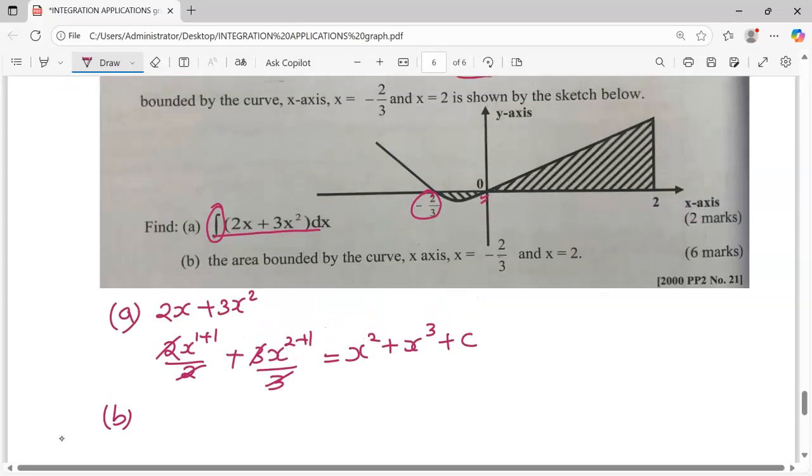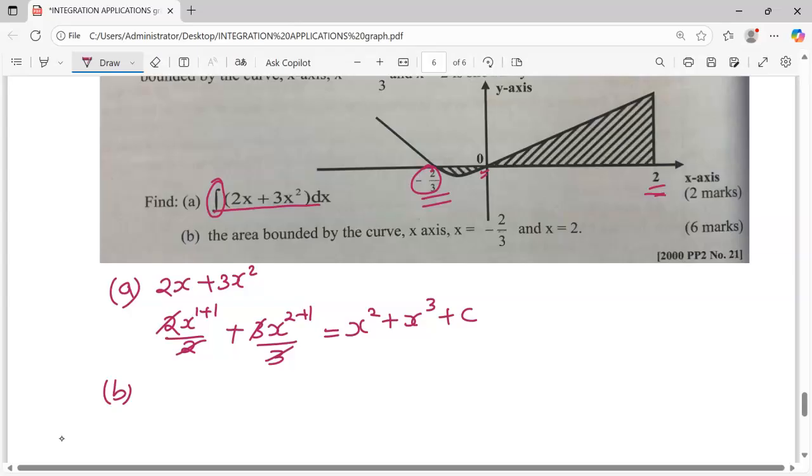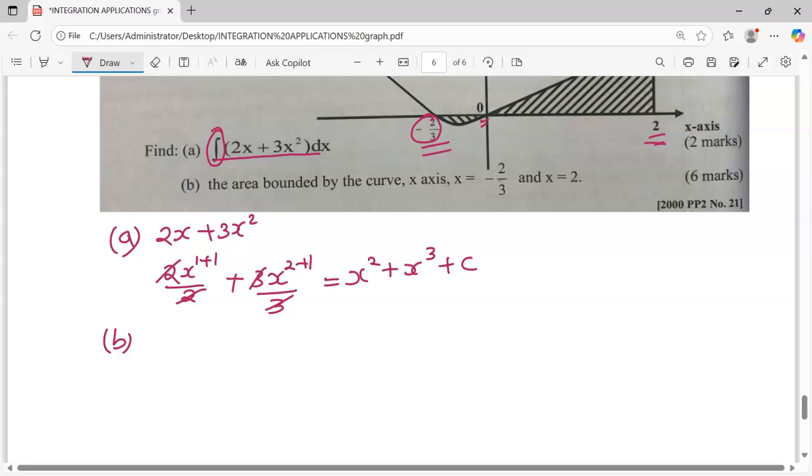You are supposed to find the area that is bounded by the region x is equal to negative 2/3 and x is equal to 2. So we have the region between negative 2/3 and 0, the region below the x-axis. So we are going to begin by getting the area below the x-axis.